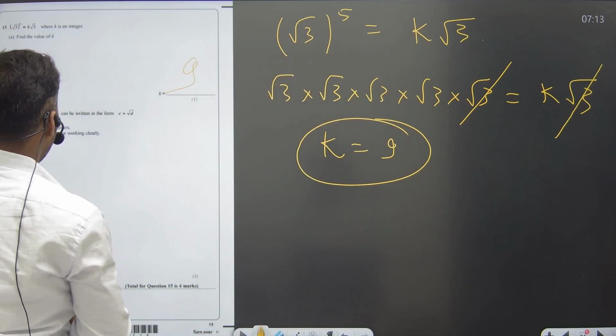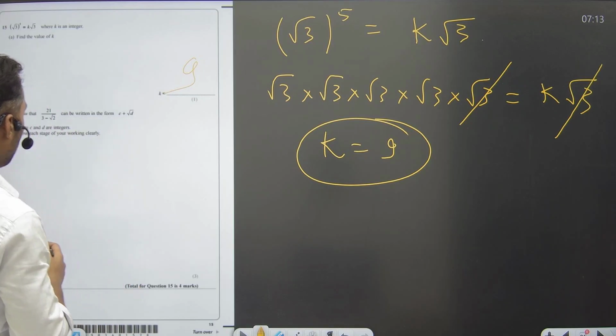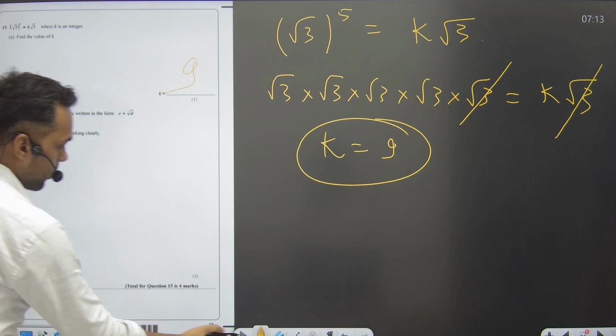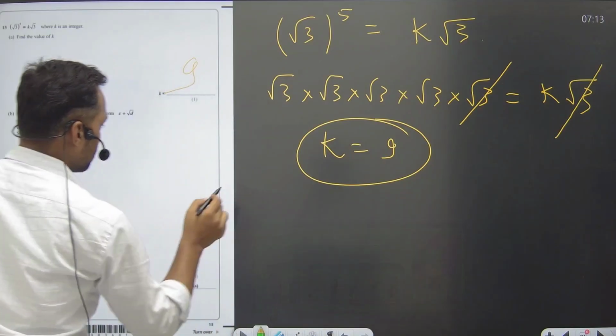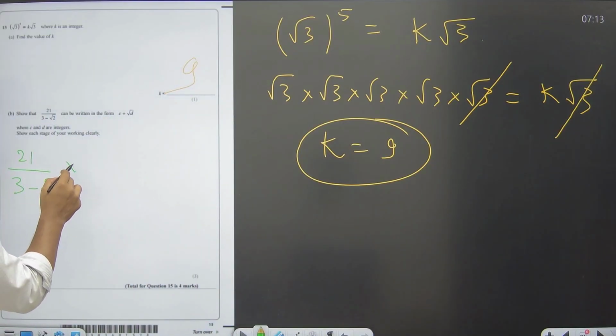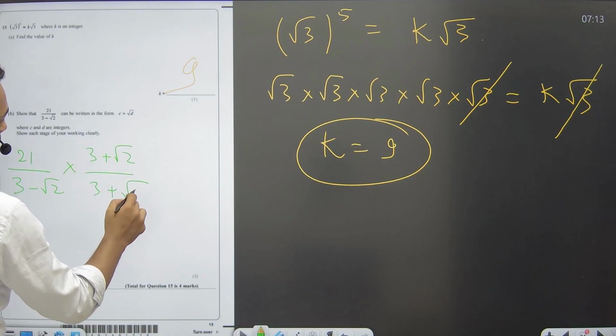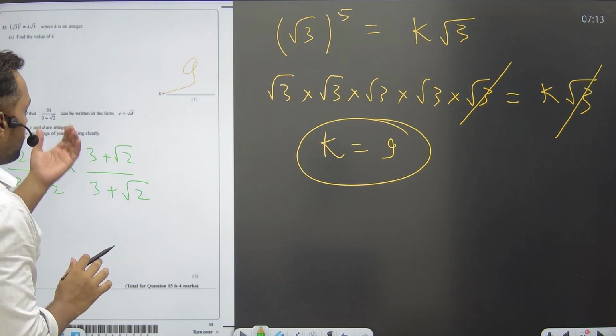Now let's move to the next question. Show that 21 upon 3 minus root 2 can be written in the form c plus root d, where c and d are integers. Okay. See, 21 upon 3 minus root 2, times 3 plus root 2 upon 3 plus root 2. What I am doing here, student, is rationalizing this particular fraction.